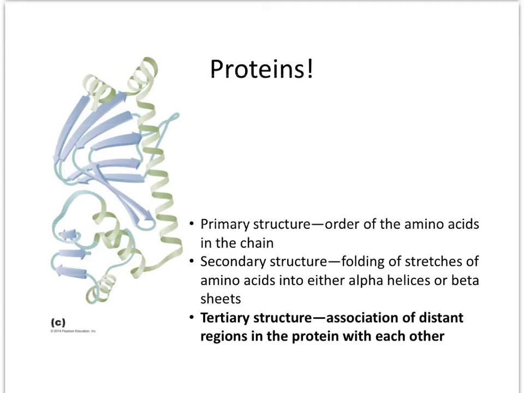Now recall that hydrogen bonds are weak bonds. They're easily disrupted by the addition of energy, and so what that means is that this overall shape, the protein being held together by these weak bonds, is also pretty fragile, and consequently the distinct shape that we see right here for this protein can be broken apart by the addition of something as easy as heat.